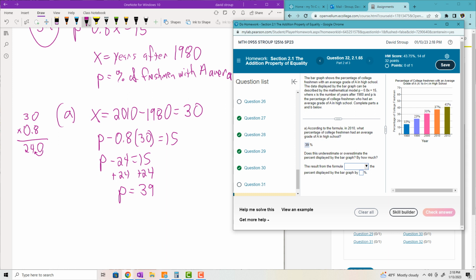And if you look over to the bar graph at 2010, the orange bar, it says the actual percentage was 37. Okay, so our answer is really close, but it's an overestimate, right? It's 39. The result is an overestimate by 2%, right? You just subtract 39 and 37.